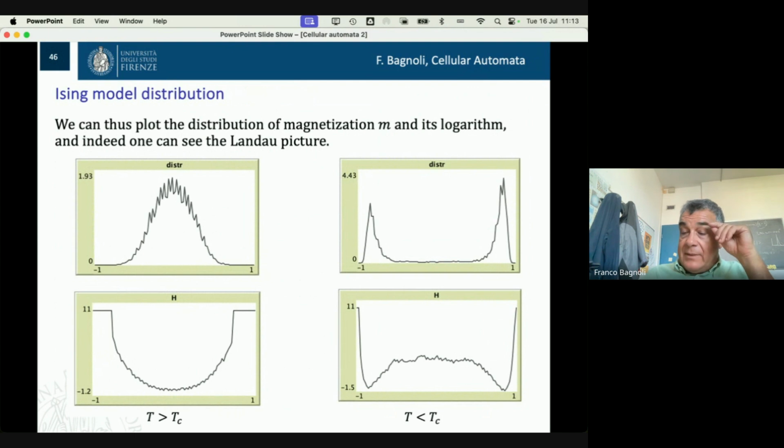By performing simulation on a relatively small system, we can actually reconstruct the picture of the free energy. So this is the probability distribution for a system of, say, I don't remember, 20 by 20.